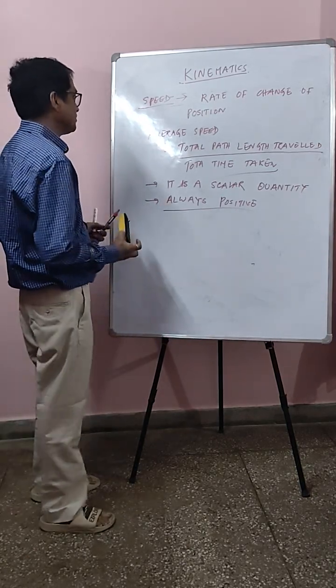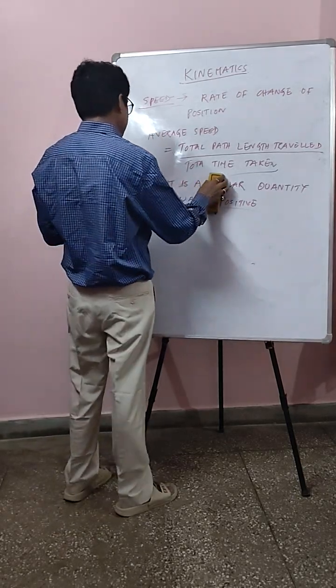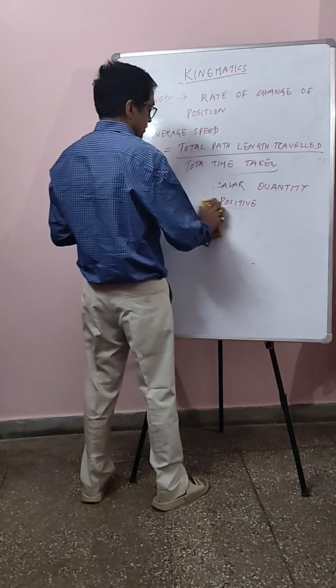Now we have defined speed. Now we are going to define velocity. What is velocity? Velocity is change of position in a definite direction, because velocity is a vector.